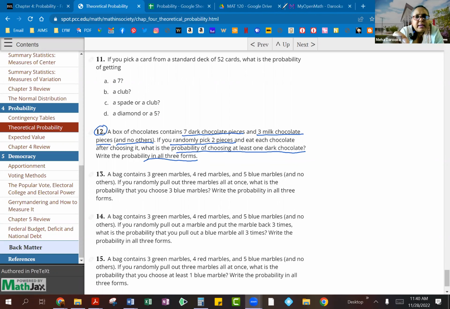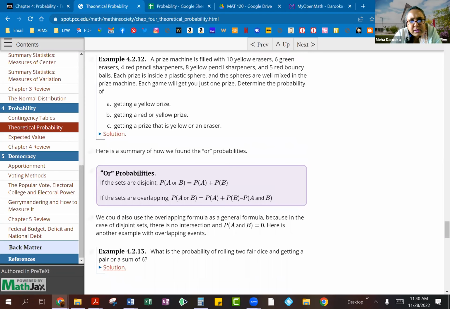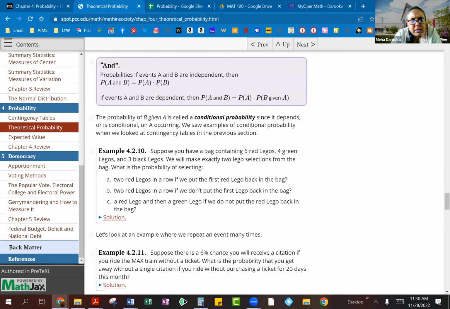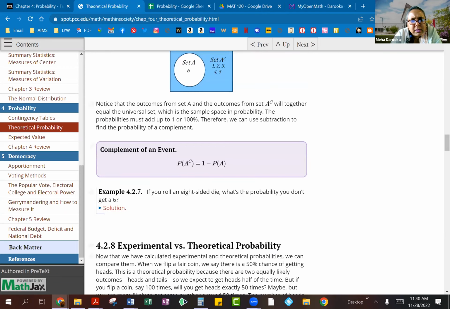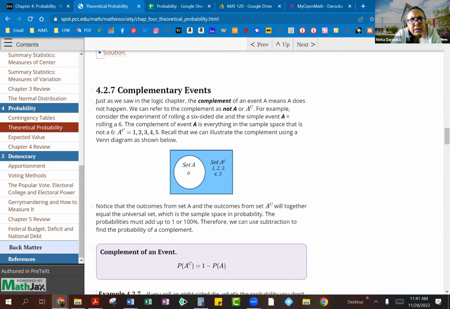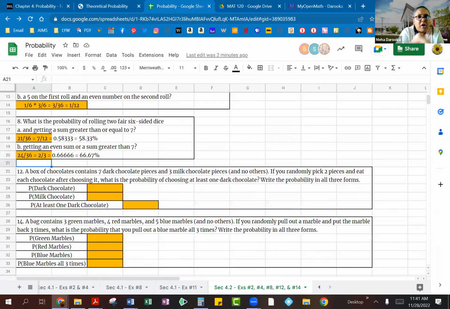Yeah, Terry, very nice. Start by adding the total of all the chocolates.